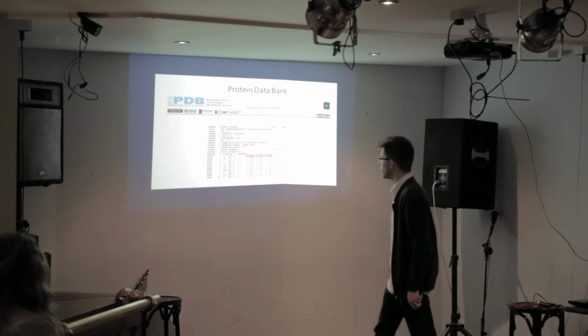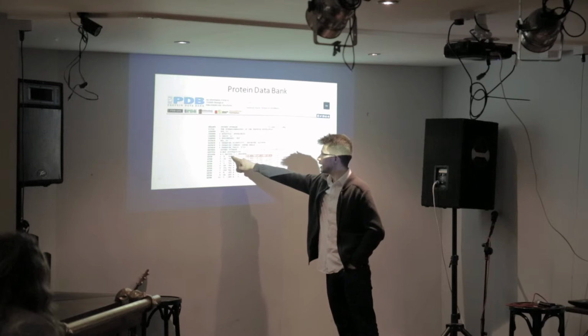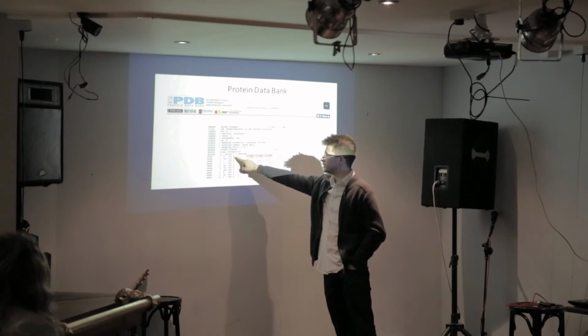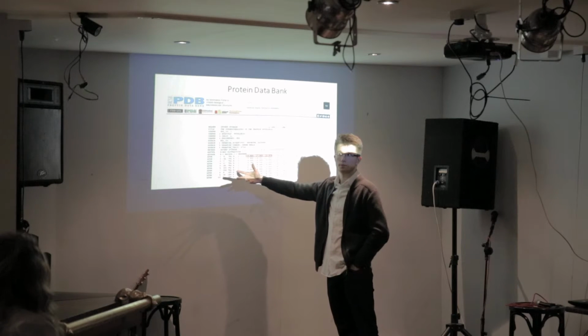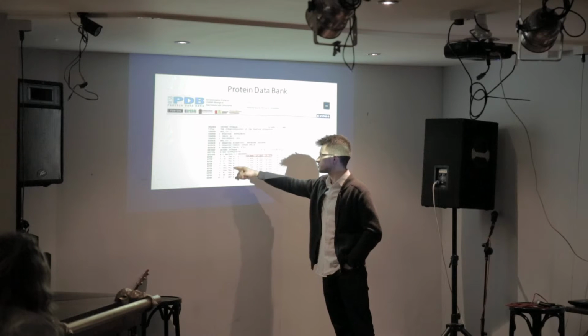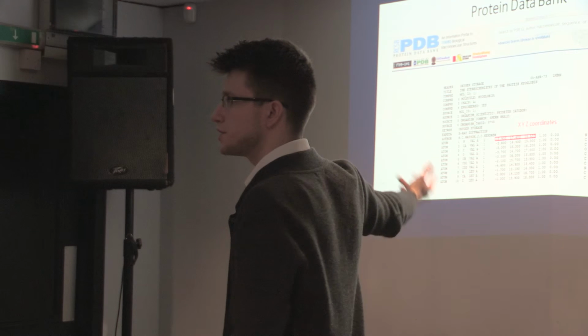And as you can see here, each atom is specified with the amino acid it belongs to. In this case, it's valine, and each atom has its own Cartesian coordinates.